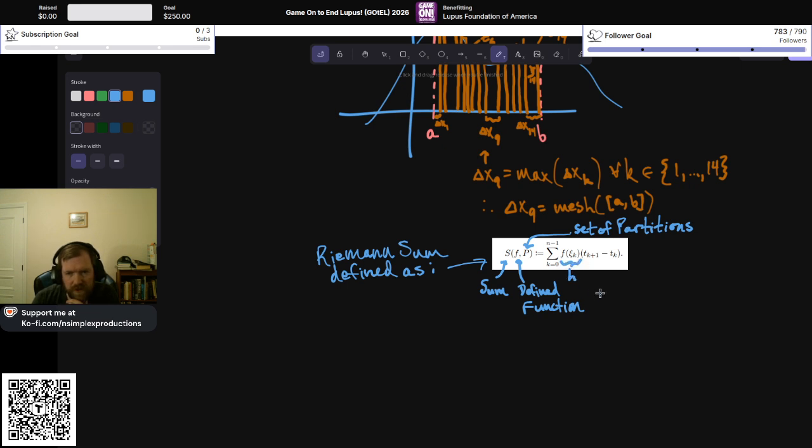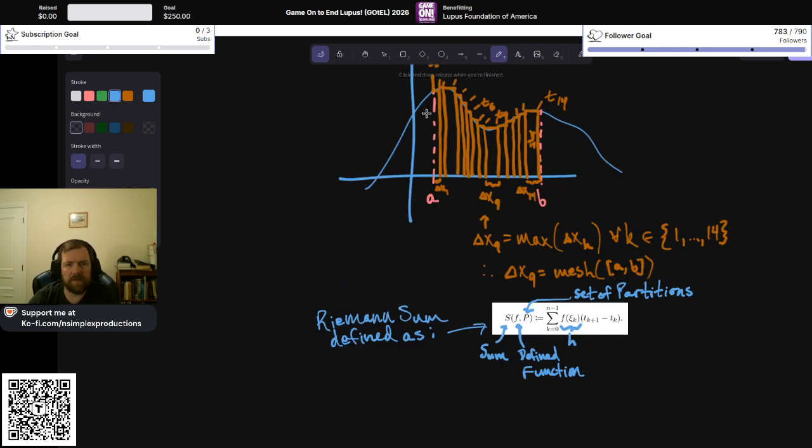The function at the particular value c sub k is going to be the height of a rectangle. So however tall that rectangle is, it's going to be defined by the function itself. We saw that up here as well, right?